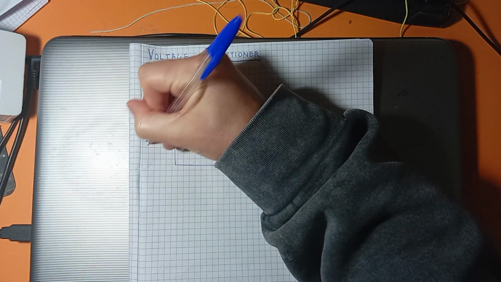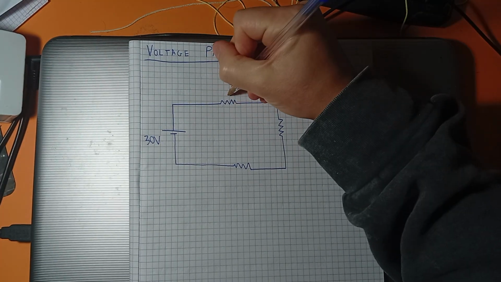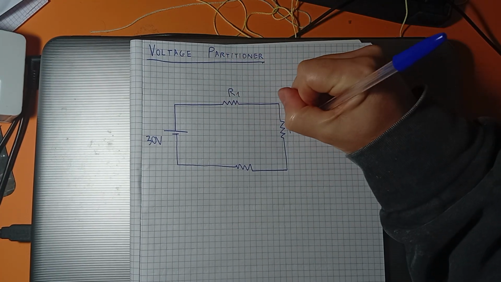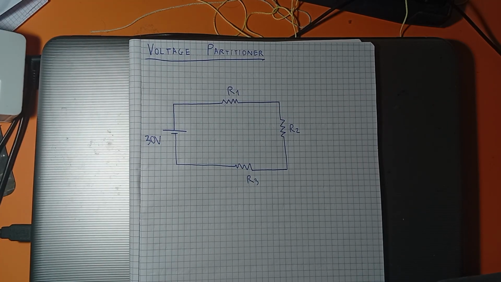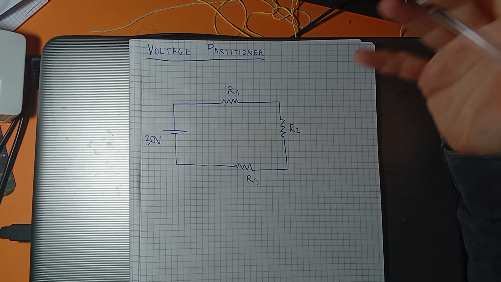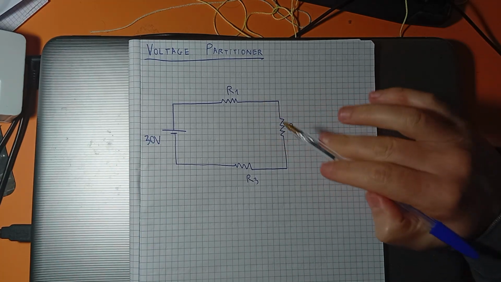Let's imagine I have 30 volts here, and then I have 3 resistors, R1, R2, and R3. All these 30 volts will distribute here, here, and here.